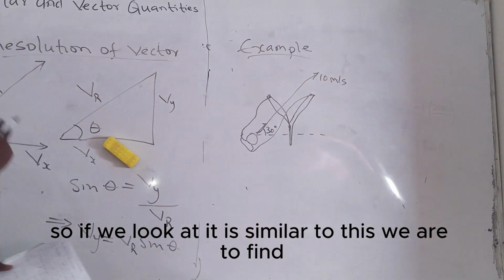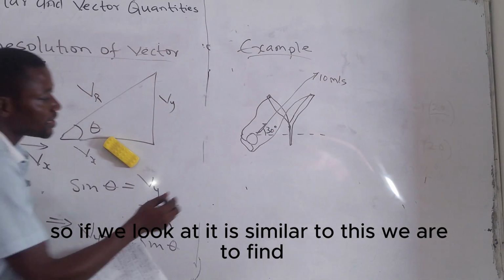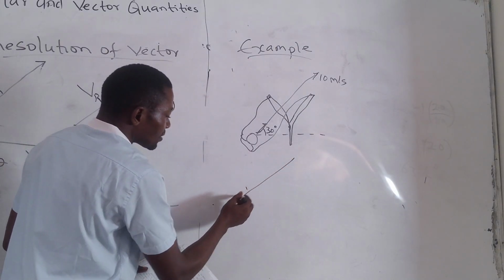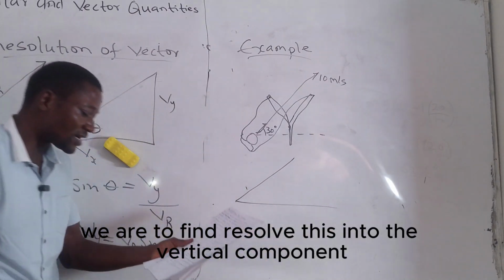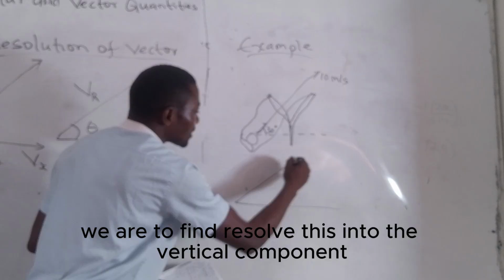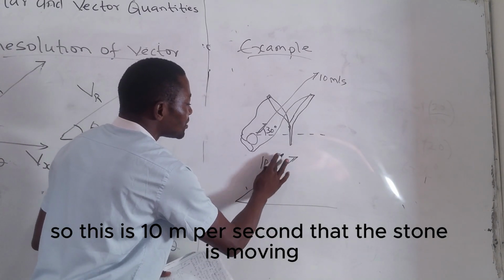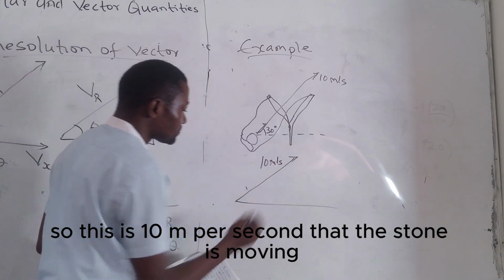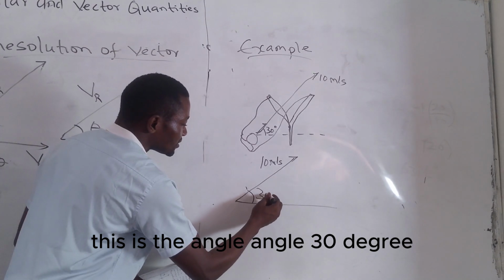The angle at which the stone moves is 30 degrees. We are to resolve this into the vertical and horizontal components. So this is the 10 meters per second that the stone is moving with, and this is the angle, 30 degrees.